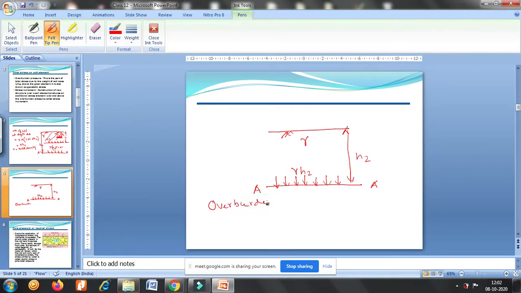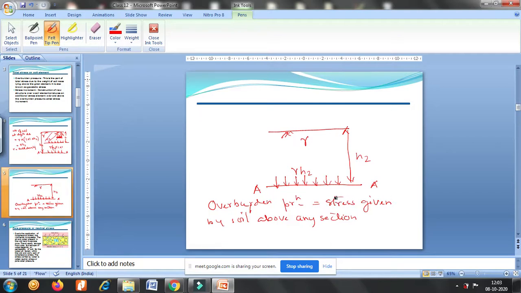Overburden pressure is the stress given by the soil above any section. Any section means we have considered the section AA.